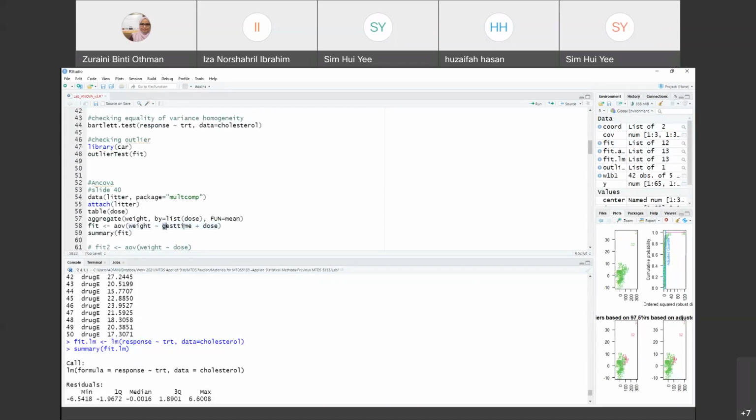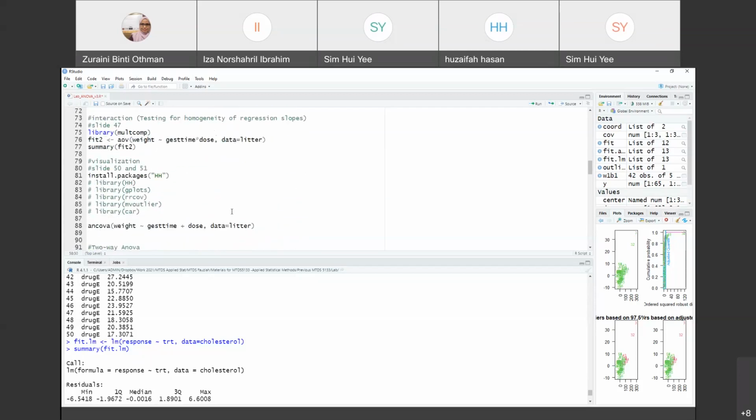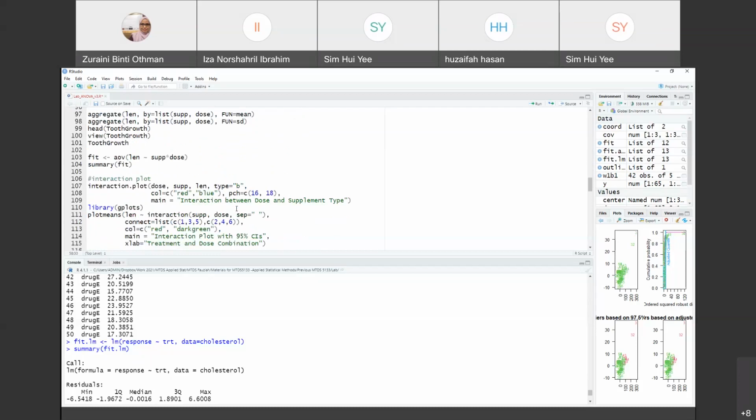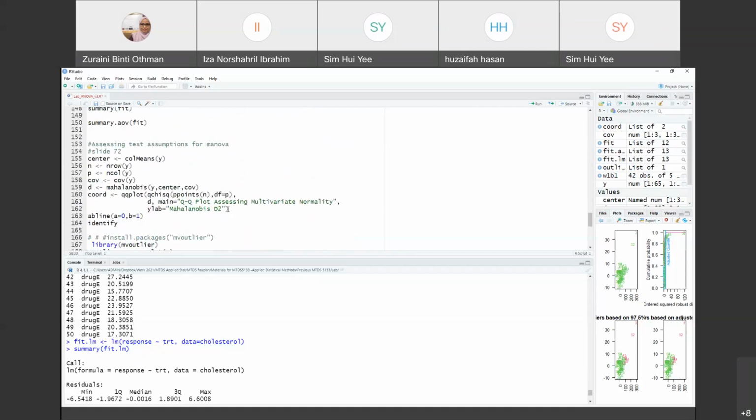From this type of formula, you only get gestation time and dose only. But if we replace plus with times, what result can we have? You can see if we change it into plus, what table we can have.